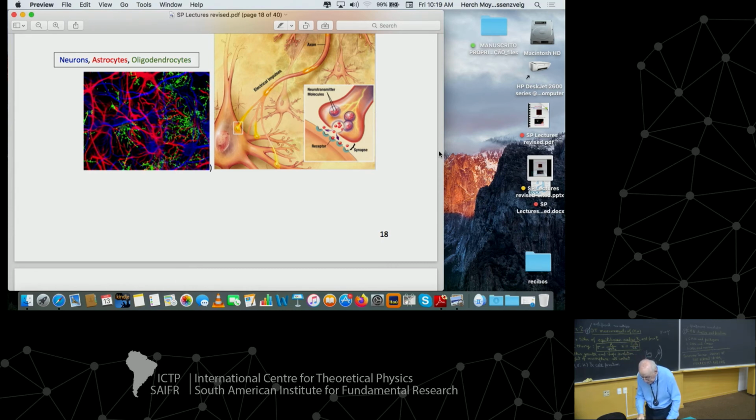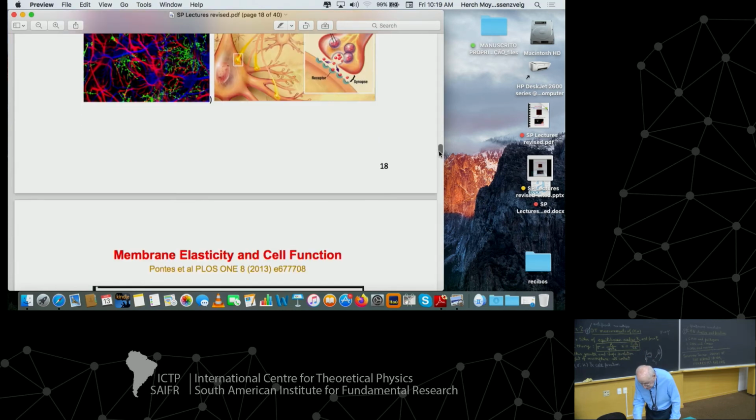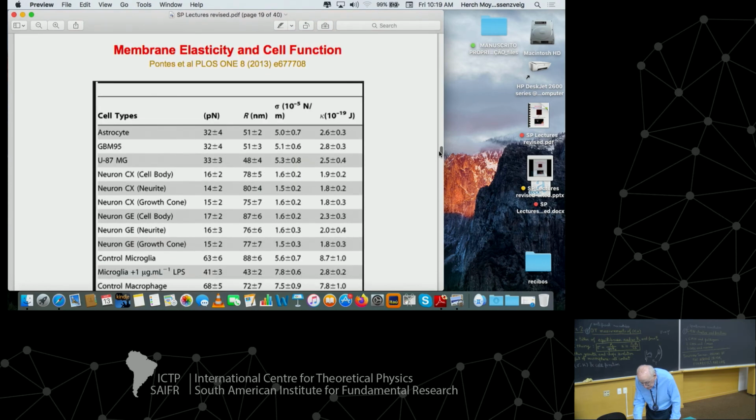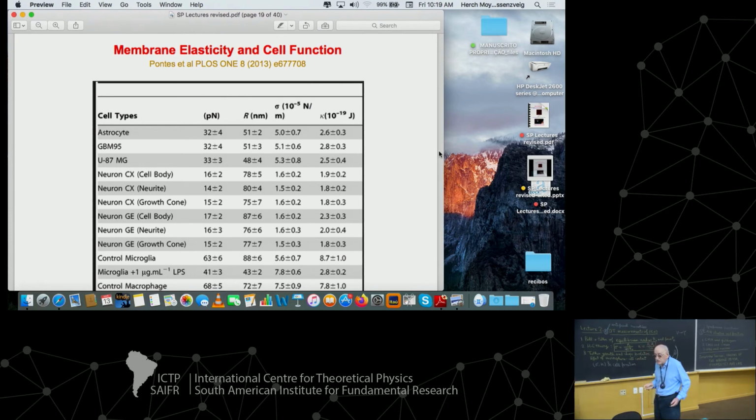Okay. Now, I think this is the last lecture part, a paper which we published in 2013, that's in PLOS ONE, which showed precisely what I mentioned at the end here, why this whole method of determining sigma and kappa is important, because they are connected with the cell function.